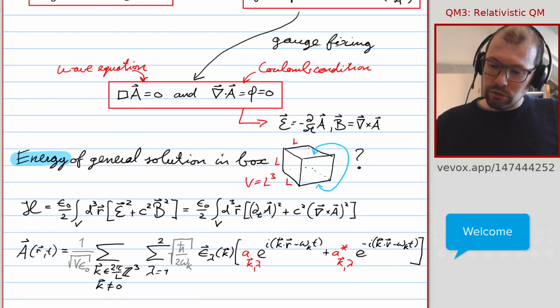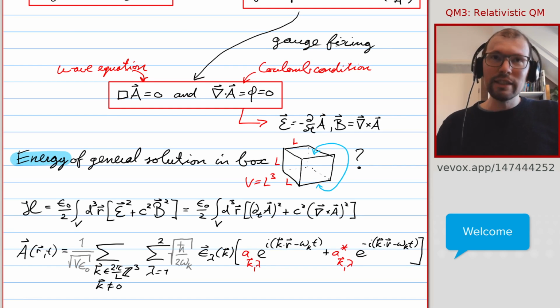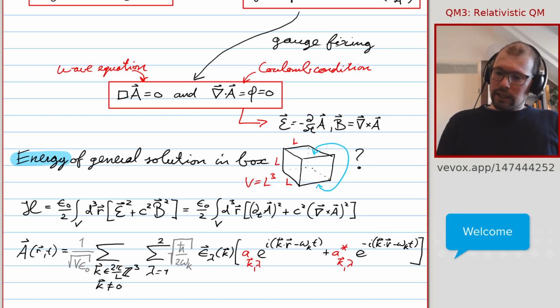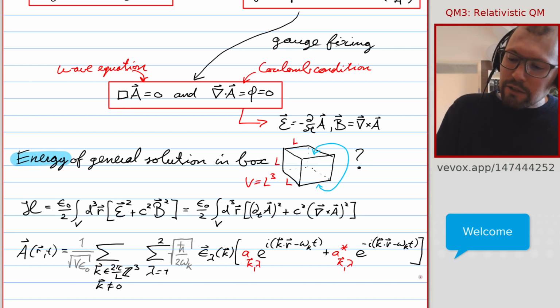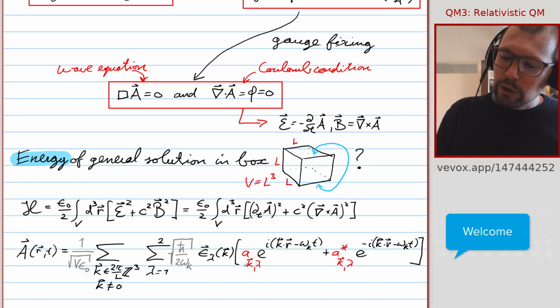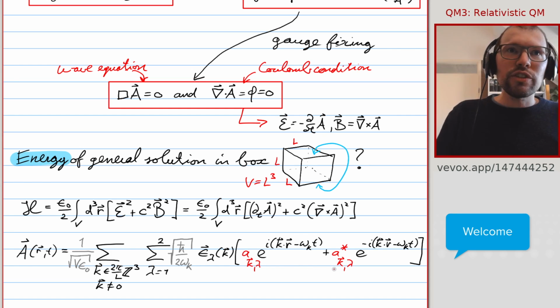Now in order to start quantizing, it's useful to write down very explicitly what the general solution is and include all the degrees of freedom in dimensionless coefficients, these A that depend on the wave number and the polarization lambda.